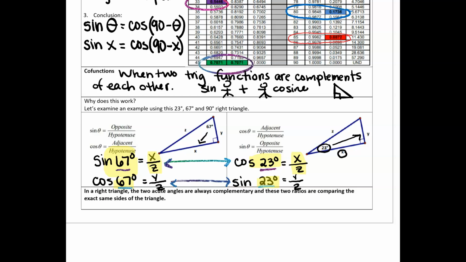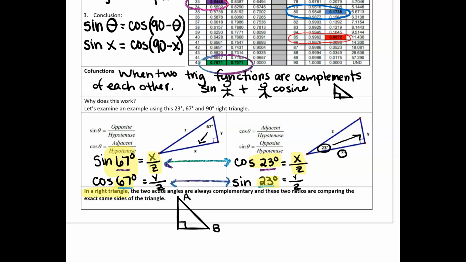So the big picture of this, in a right triangle, so that is very, very important, we must be dealing with a right triangle. The two acute angles, let's say A and B, are always complementary because there's only 180 degrees in the triangle.